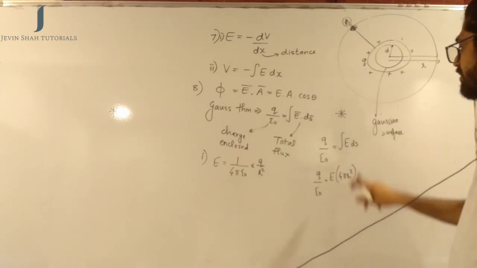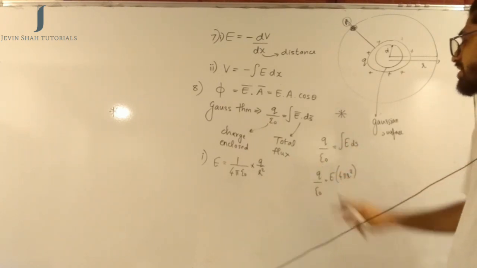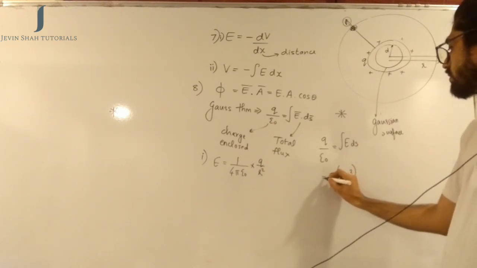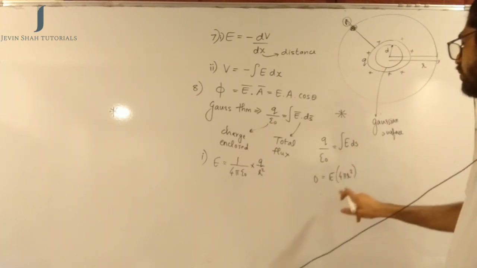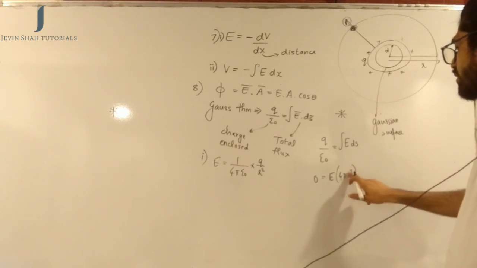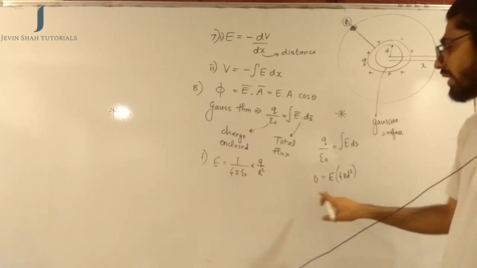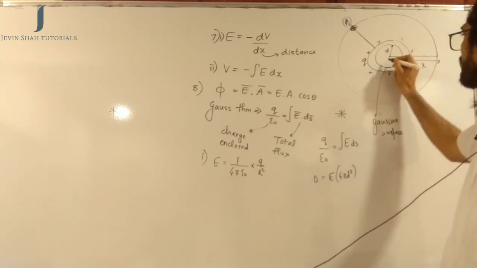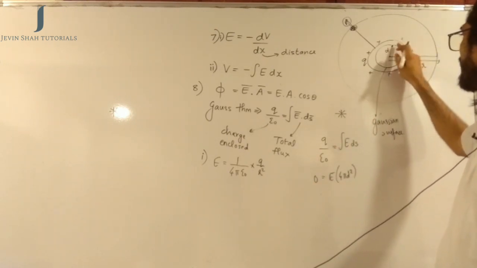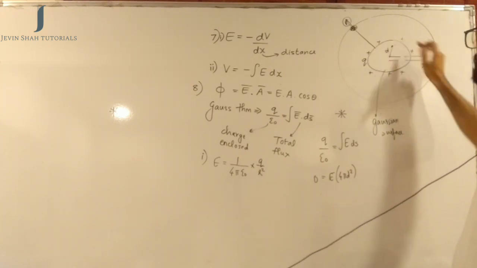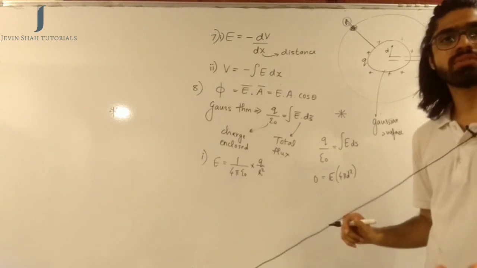Because the charge enclosed will be 0, integration E ds will be 0. So E will come out with 4 pi d square instead of 4 pi r square, and the E value inside will be 0. So at a point d inside the sphere, the electric field intensity will be 0.